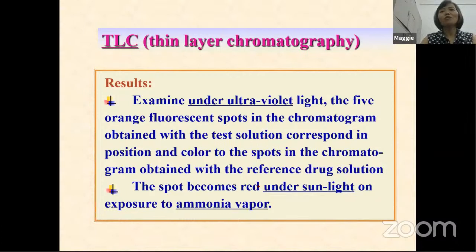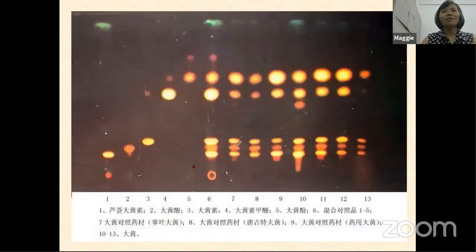The spots become red under sunlight after exposure to amyl vapor. So here this is the result.